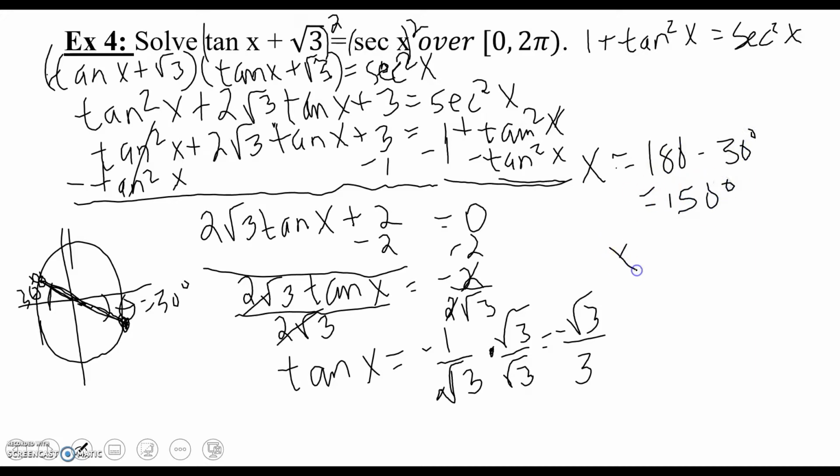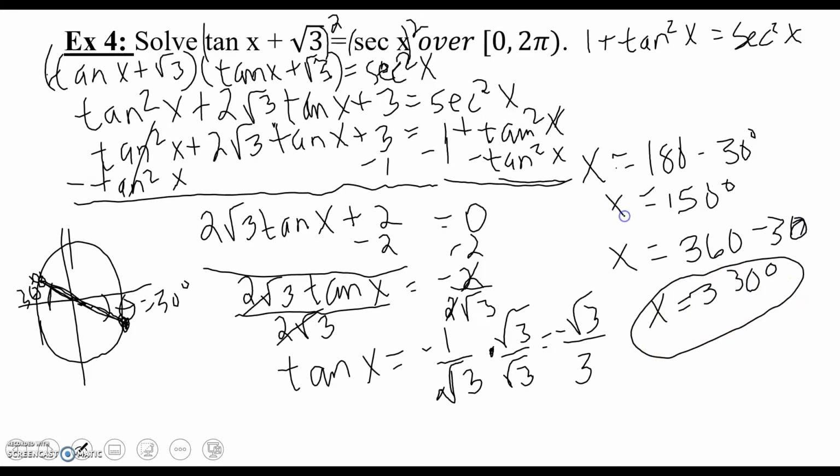And for quadrant 4, I would do 360 minus 30, which is 330 degrees. So our two angles for x would be 330 degrees and 150 degrees. And you could write those in set notation, 150 and 330 degrees.